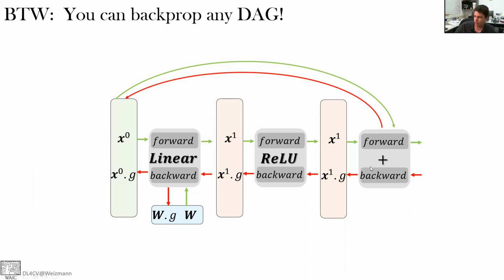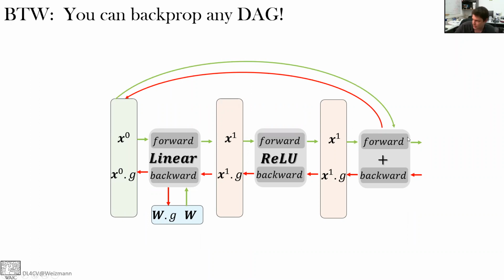You just have this summation layer that gets 2 inputs: it gets this input here, and it gets this layer from here. And it's actually very simple, because forward is easy.